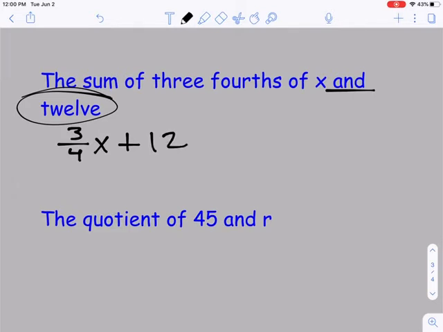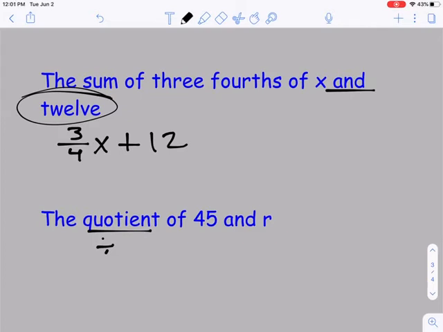The quotient of 45 and r, well, quotient is a division problem, all right? And when we write division problems in algebra, and I jokingly in my classes call it big boy and big girl math, we no longer use the division signs. We are going to write division problems as fractions.